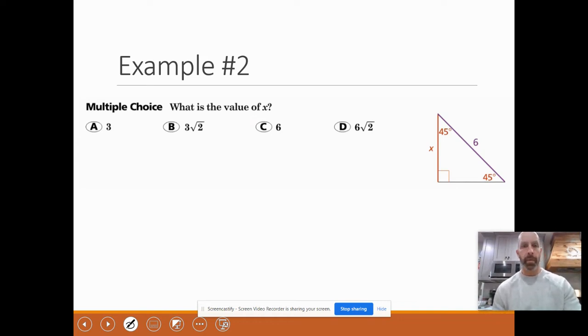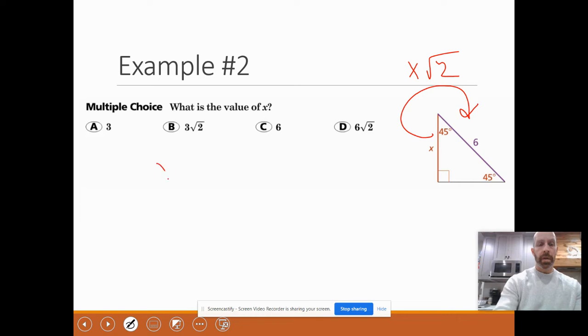Let's look at a different example. It says, what is the value of x? Now this one's a little bit different. To go from the leg to the hypotenuse, we have to multiply by the square root of 2. So if we're going to go the other way around, we just need to divide by the square root of 2. So x is just going to be 6 divided by the square root of 2.